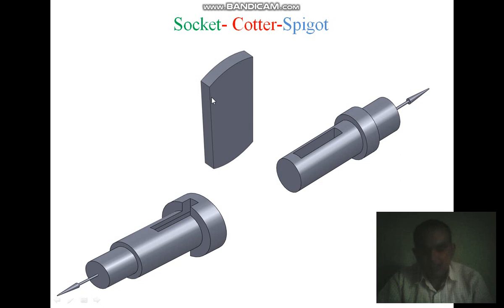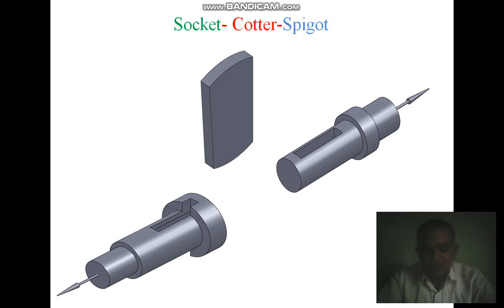Here the wedging action is present. What is meant by wedging? The principle of wedging action is used in cotter joints. A cotter is wedge shaped like this: one side is perpendicular to the force direction and the other is inclined to the force. A cotter is a wedge shaped piece made of steel plate.